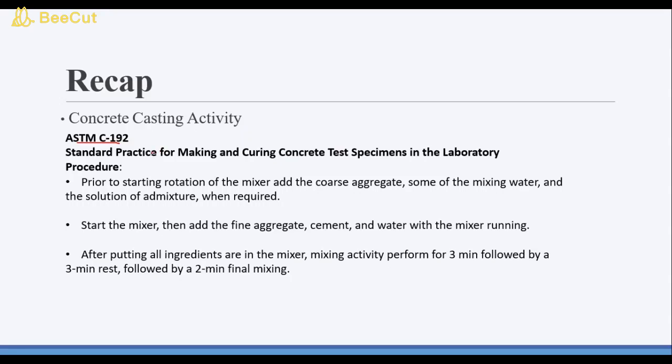For making concrete, you have to add coarse aggregate, some of the mixing water, and the solution of admixture if you are using any admixture, in the concrete mixer, and start the mixer. Then you add the fine aggregate, cement and the remaining water and allow all the ingredients to mix for 3 minutes, followed by a 3-minute rest time, and then you give a final 2-minute mixing.